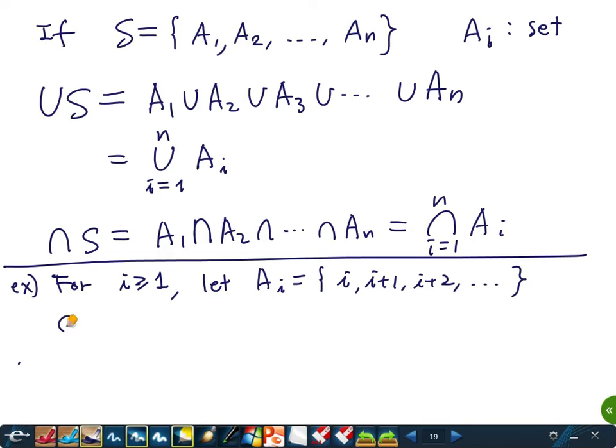And let's say S is the collection of the Ai's. It's a collection of infinitely many sets. Do you get the situation here? Ai is defined like this. S is the collection of all of them. What is the union of S then?